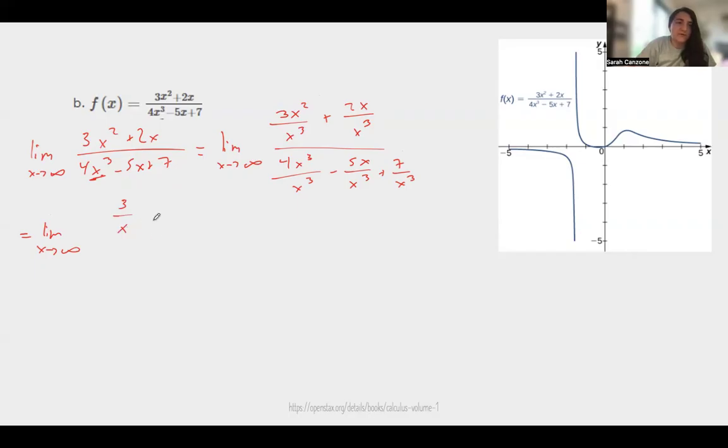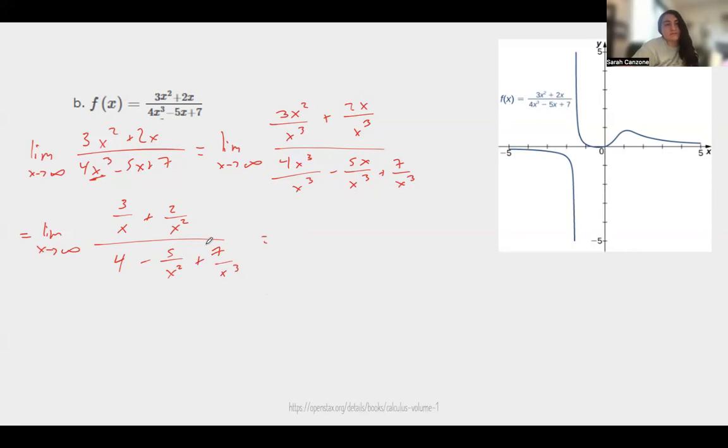So this is where it's very important that we remember all of our rules of exponents. 2x over x cubed will turn into plus 2 over x squared. The x cubes will cancel out here, so it's just 4 minus the x and the x cubed will turn into 5 over x squared. And then this you can't do anything with, so it's just 7 over x cubed.